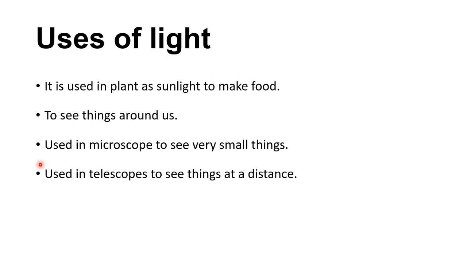And also light is used to see very small things in a microscope. For it to work properly, it needs light. So that light helps us to see very small things like germs, bacteria, viruses.